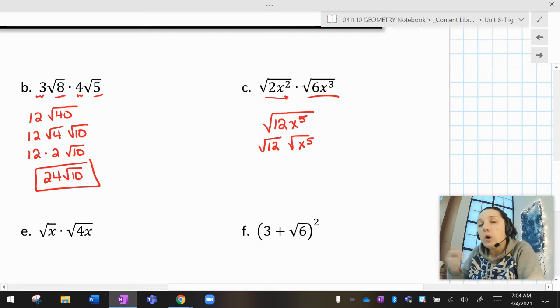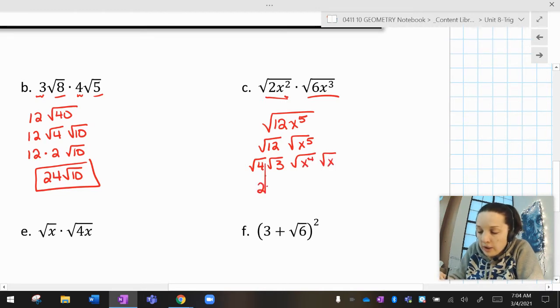Now I'm going to break 12 and x to the 5th down into their components that are perfect squares and non-perfect squares. 12 is 4 times 3. X to the 5th is x to the 4th times x. So I get 2 root 3 times x squared root x, which is 2x squared times radical 3x.